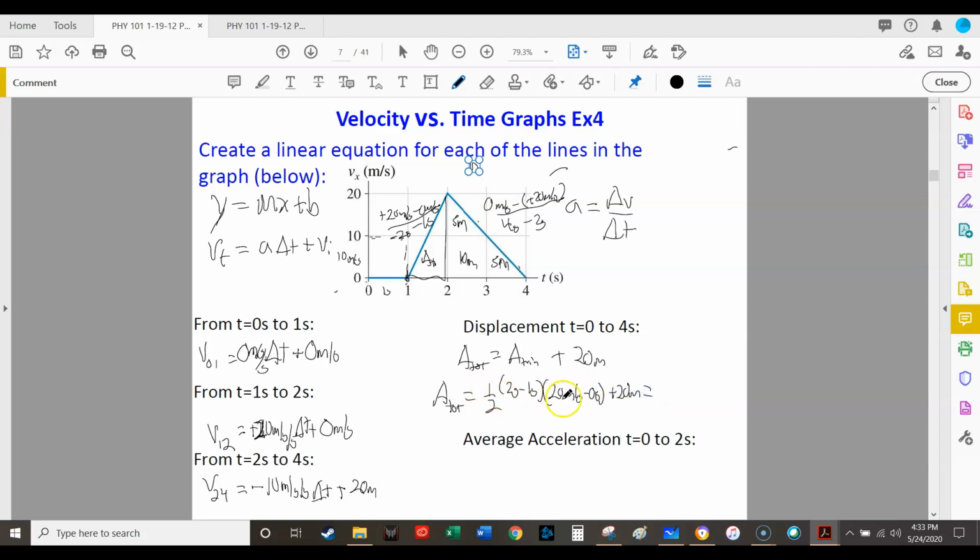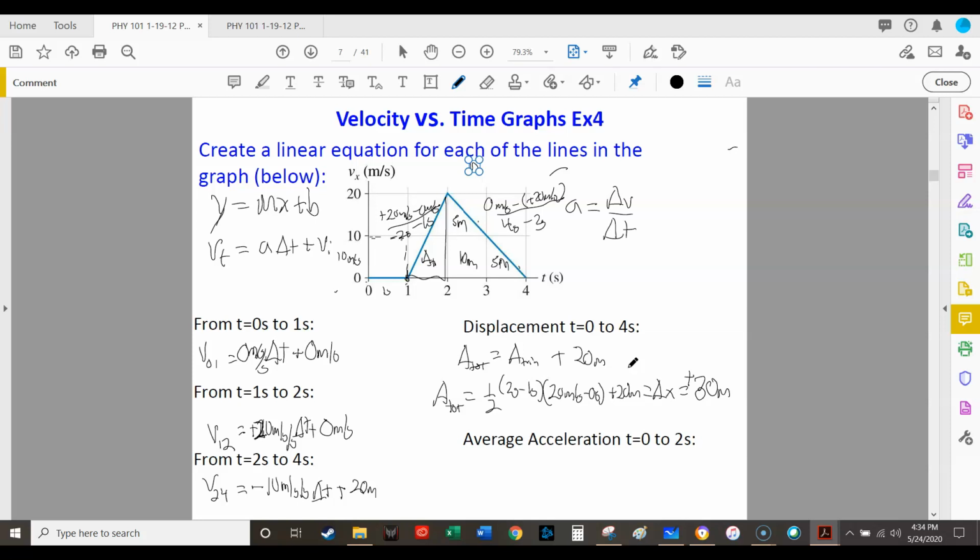So overall, this is going to work out to be 20 times 1 divided by 2, which is going to be 10. So overall, this displacement is going to be 20 plus 10. So that's actually going to be 30 meters in the positive direction. So we know this object moved 30 meters in the positive direction. Okay.